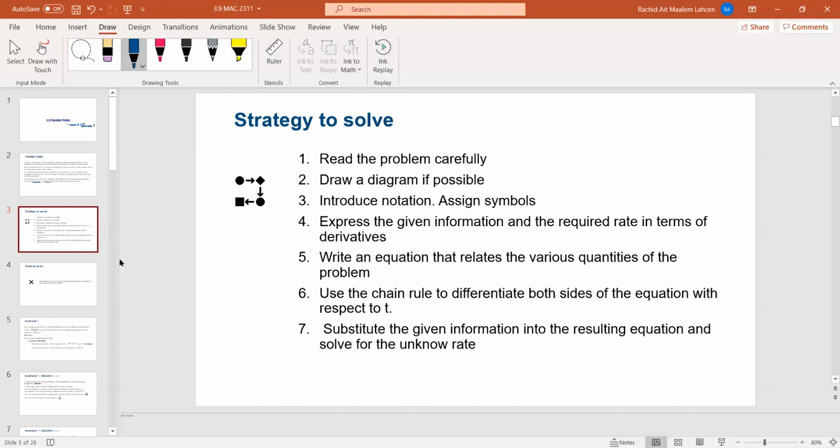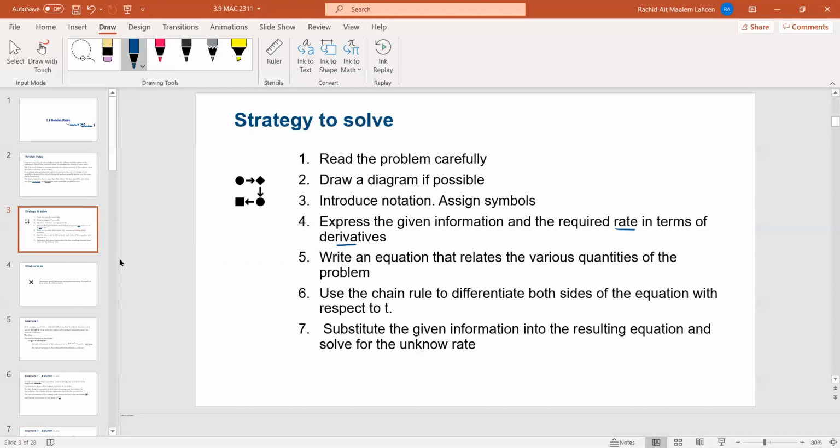We're going to read the problem carefully, understand what it is about, draw a diagram if possible, introduce some notation and assign symbols for the variables and quantities, and express the given information and the required rate in terms of derivatives. So you see, from the beginning of calculus we're talking about rates, and we got to derivatives, so we're going to express that.